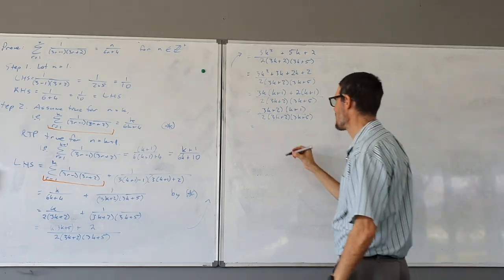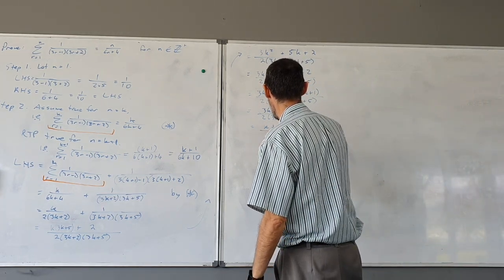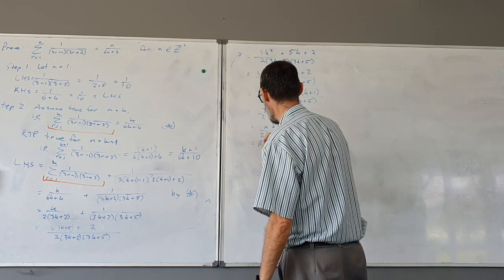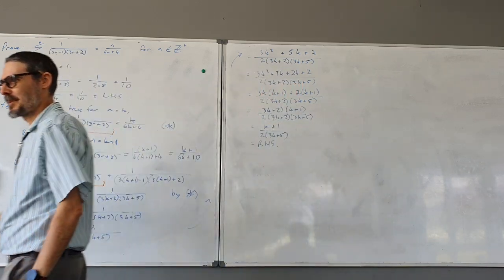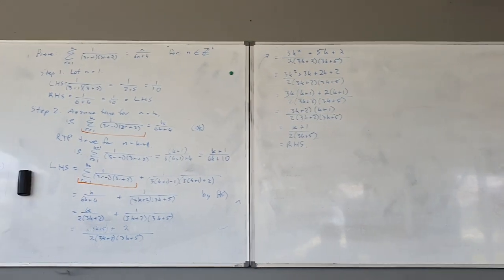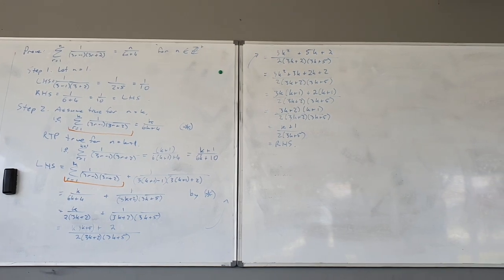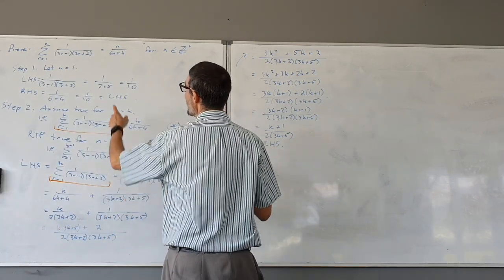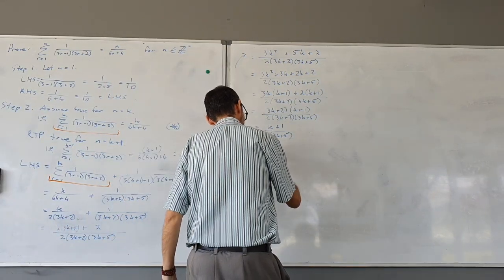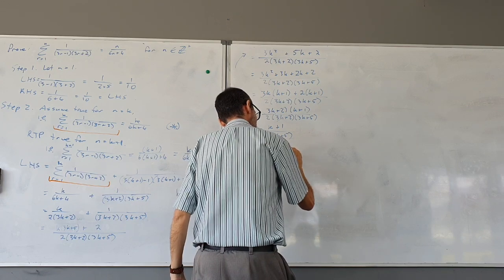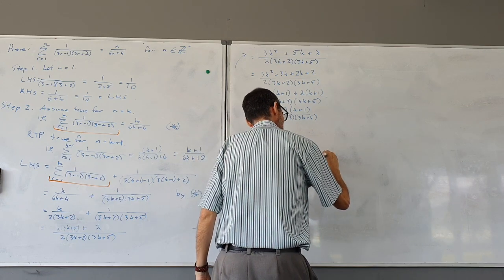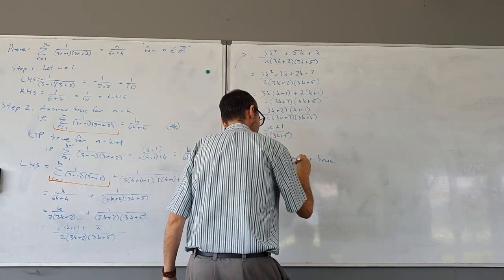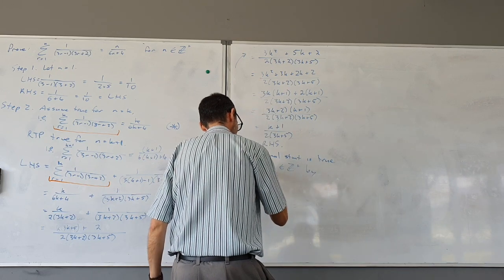Of course it works. k plus 1 over 2 times 3k plus 5 is the right-hand side. That was awesome. Algebra. Therefore, the original statement is true for positive integers n by induction.